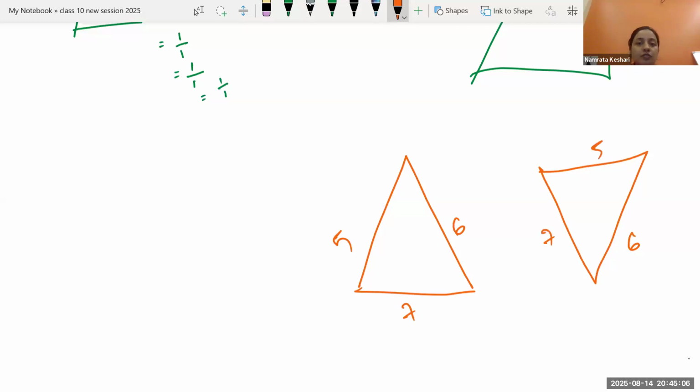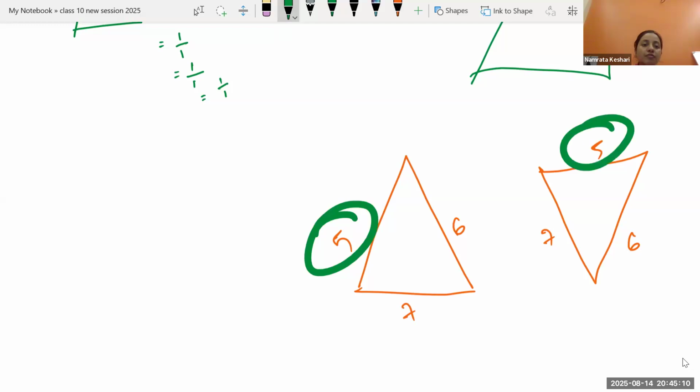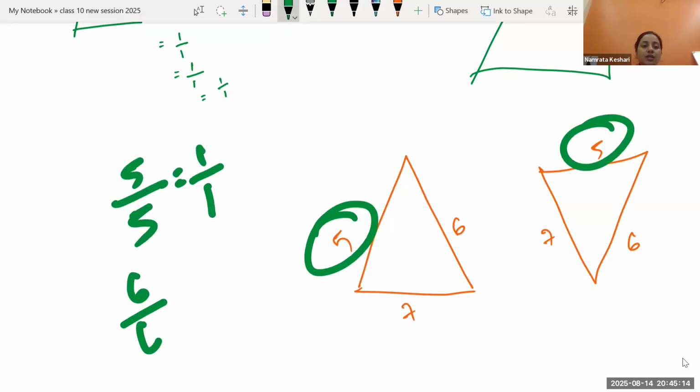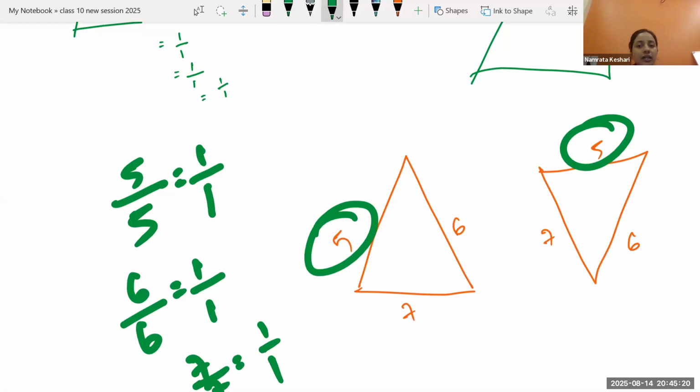The moment you find the ratio this way, 5 by 5 ratio is 1 by 1, 6 by 6 ratio is 1 by 1, 7 by 7 ratio is 1 by 1. Can you see? When it is exactly the same. And the angles also: one of the angles over here and over there will be the same, another angle over here and there will be the same, the third angle over here and there will be the same. So angles are matching and the ratio we are able to check.